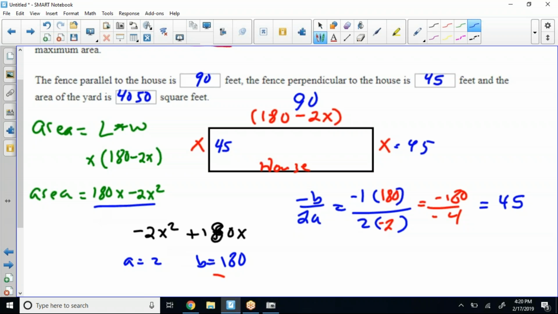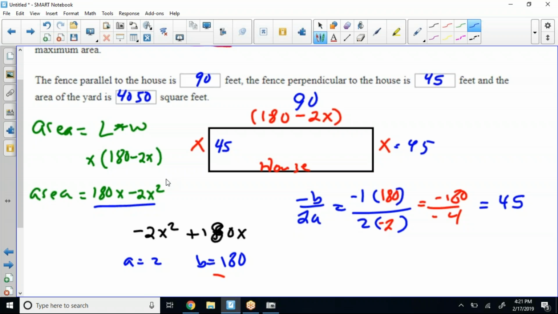Yeah, yeah. I had to get the area because that's really what we're looking at, right? And then I just found the X value of the vertex because the H really didn't... I mean, the H would have been, let's see, if I did 180 times 45 minus 2 times 45 squared.